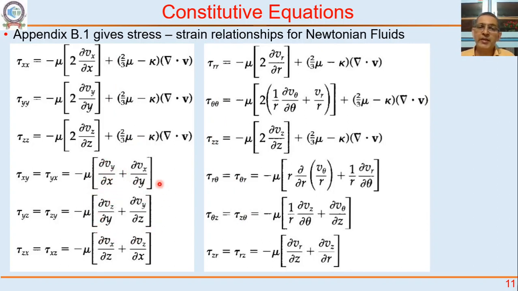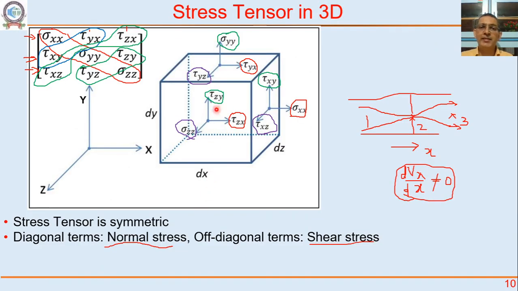In a cylindrical coordinate system, try to visualize the differential element and the stresses like this. Make a physical model of this. Make a box out of something, maybe a box you got from Amazon. Give some names X, Y, Z and draw all these stresses on the box so that you are able to visualize.